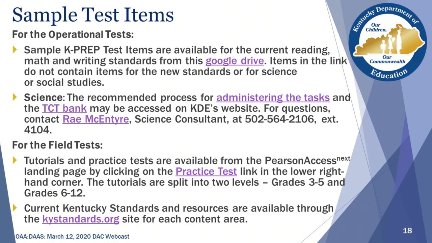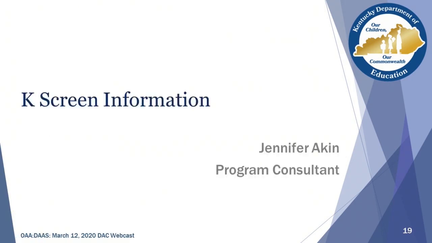And there's always the KentuckyStandards.org website that has valuable resources and a plethora of activities that you can utilize. So we just wanted to remind you that those are out there and they continue to be out there.